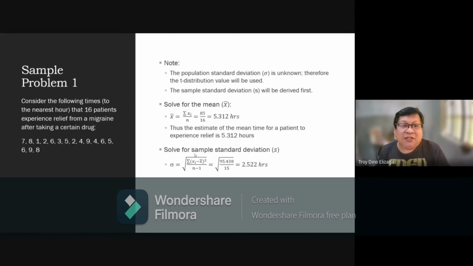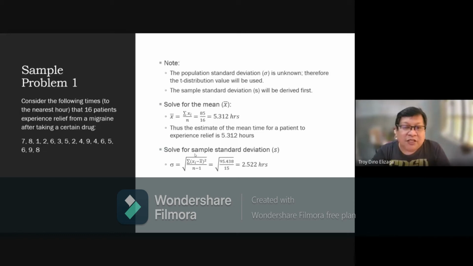So this is the estimate of the mean time for a patient to experience relief: 5.312 hours. So that means when you give the drug, it takes 5.312 hours on average for the drug to take effect among migraine patients. Okay.